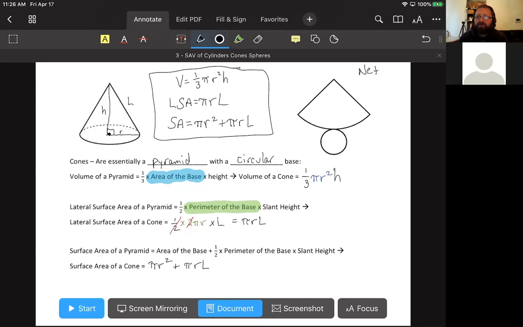Otherwise, we're going to be moving on to the next page, which is a cone example, in about 15 seconds. Yes, Aiden, that is pi times the radius times the slant height for the lateral surface area, pi r L. Okay.